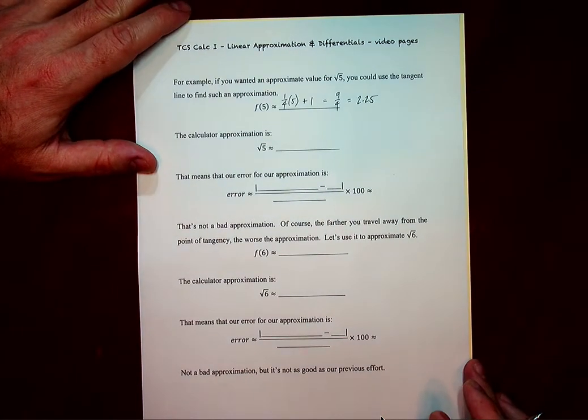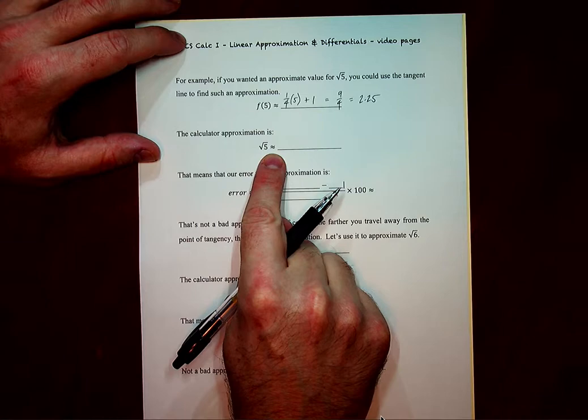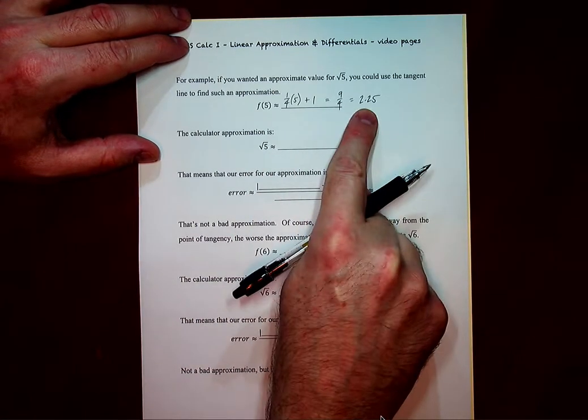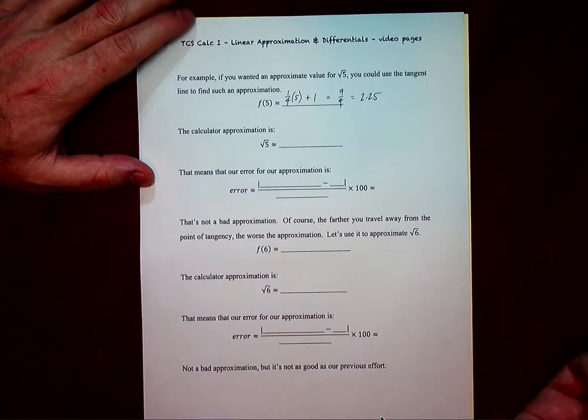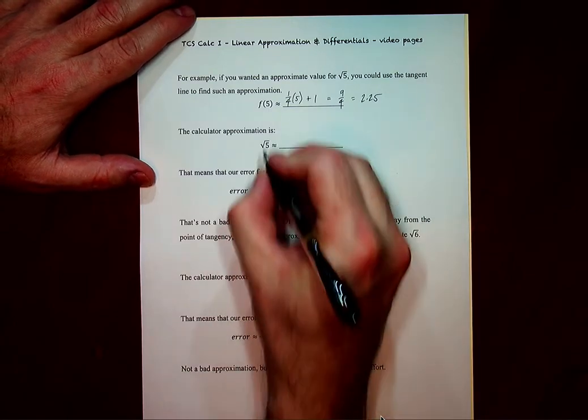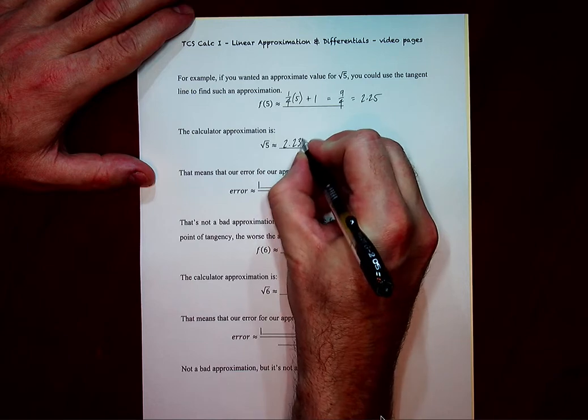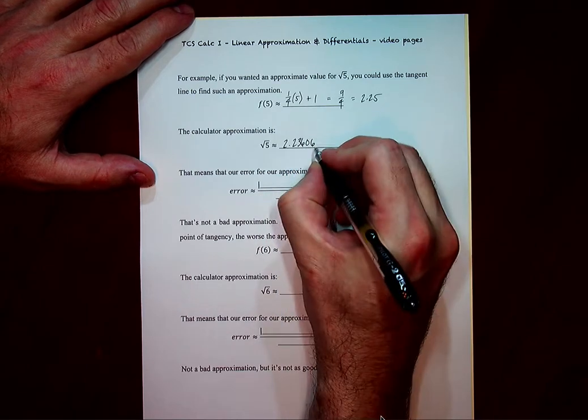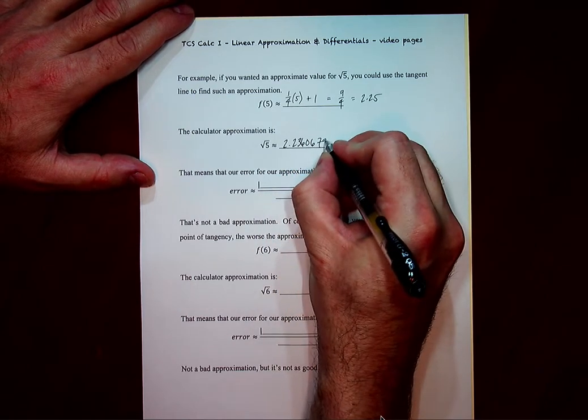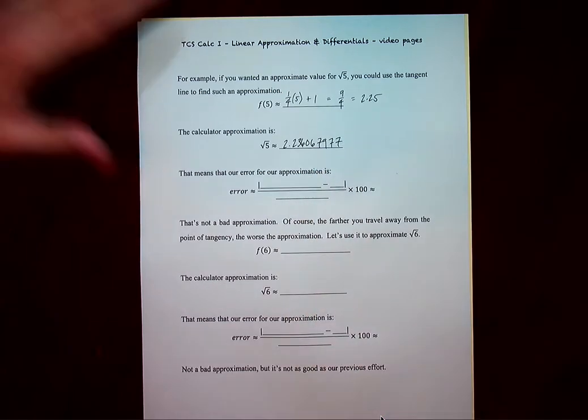And I'm only putting it in terms of a decimal because we're actually going to look at how this number compares to the decimal approximation. And if you plug in root 5 into your calculator, it's of course an irrational number, but you will get a decimal approximation that looks something like that.